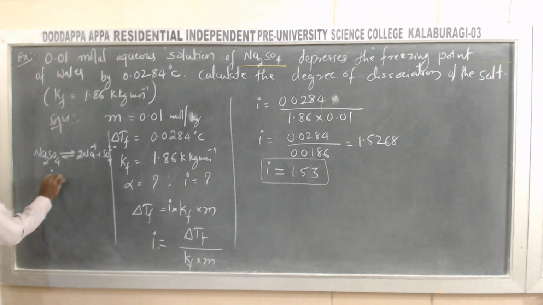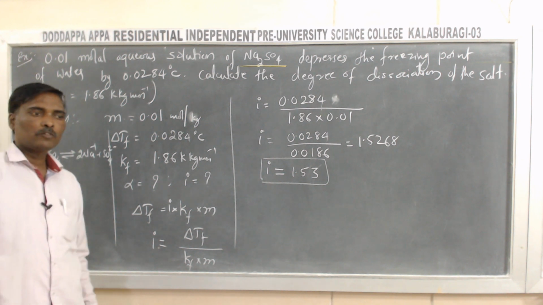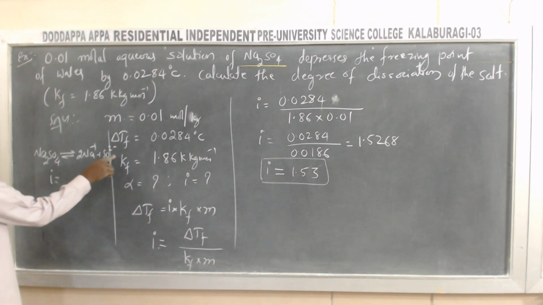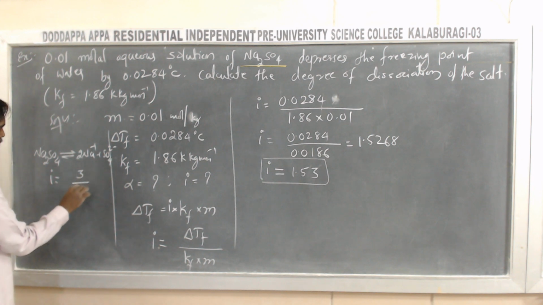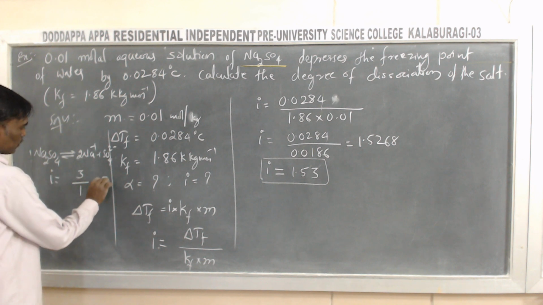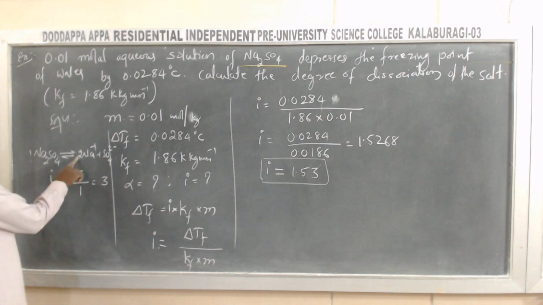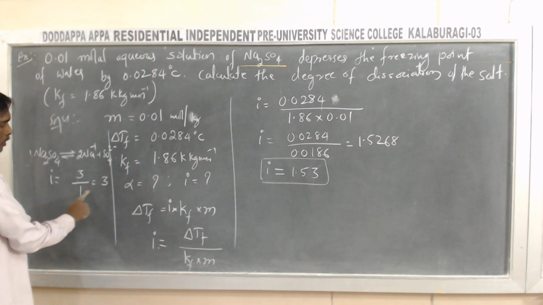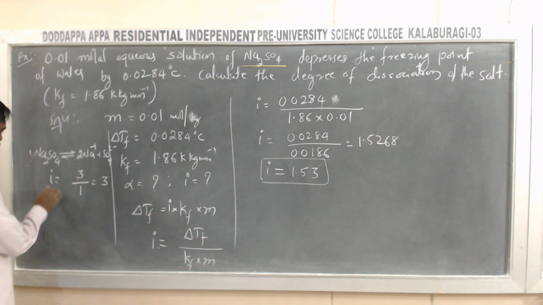Therefore, i is equal to the number of particles after dissociation, 3, divided by the number of particles before dissociation, 1. So 3 by 1 is equal to 3. Now, the i value would be 3, but it only partially dissociates into ions. So i is not equal to 3, it is less than 3.